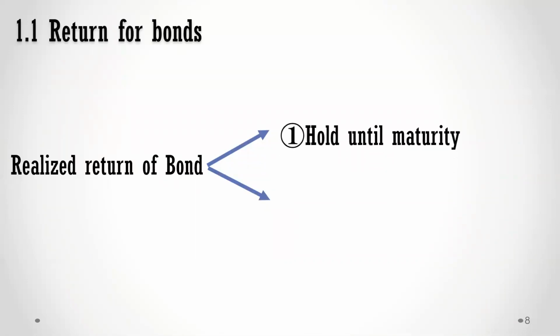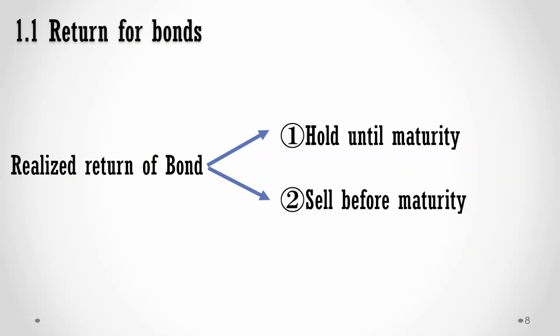It depends on the assumption. There are two cases to calculate the realized return. The first case is you buy the bond and hold it until maturity. Then it is very easy to calculate the realized return.